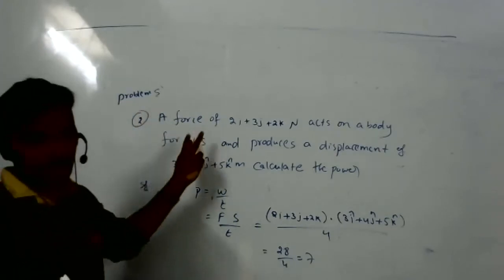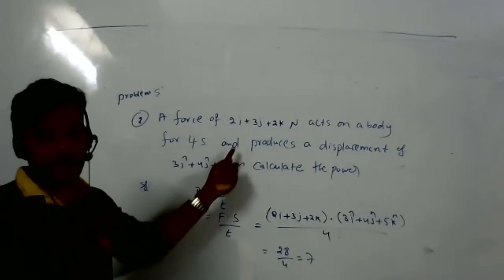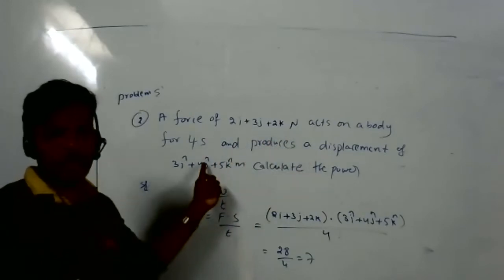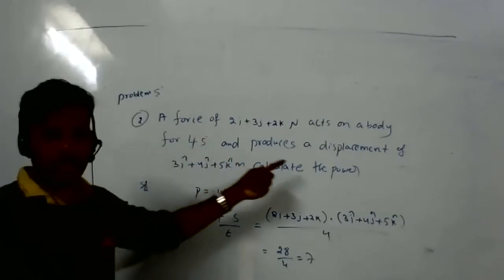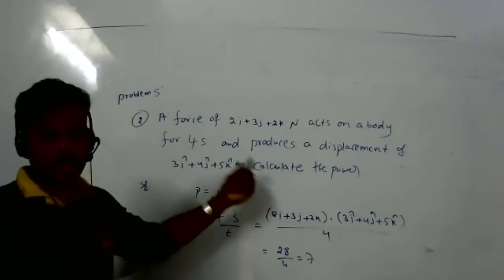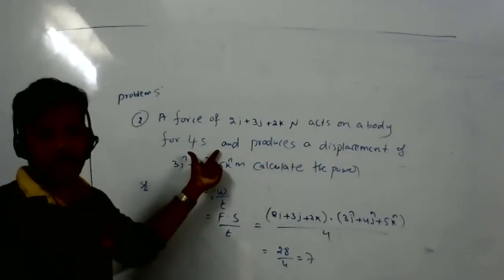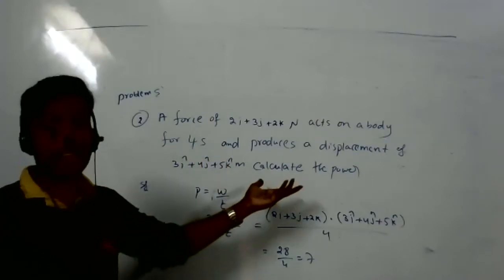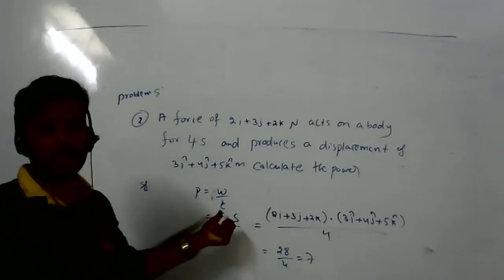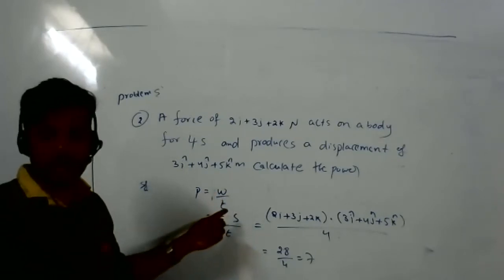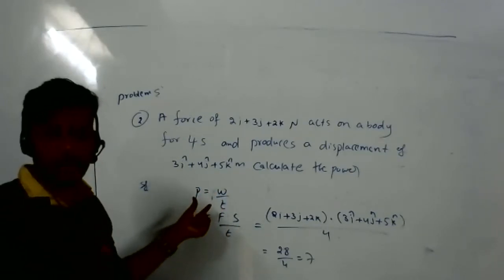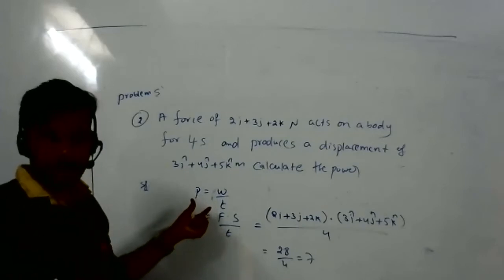They have given force, which acts on a body for 4 seconds and produces displacement. Force is a vector quantity, displacement is a vector quantity, and time is a scalar quantity. They are asking us to calculate power, equal to work by time. Work is a scalar quantity, time is a scalar quantity, so power is also scalar and the answer will be in scalar form.